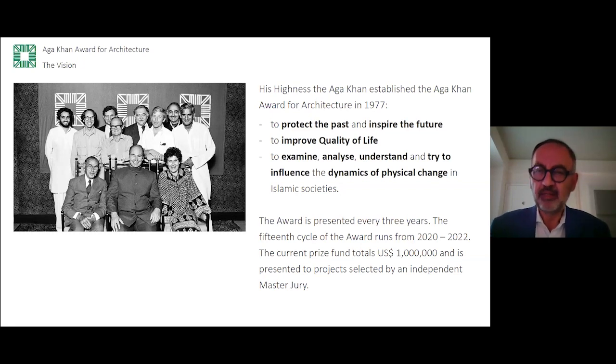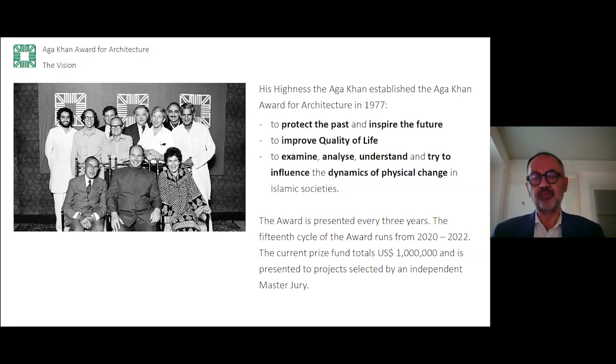So, going back to this history again, in the late 70s, His Highness the Aga Khan was very worried about how the built environment of Muslims was changing so fast. You can't change the pace, but what can we do? How can we help to at least have a positive change in it?